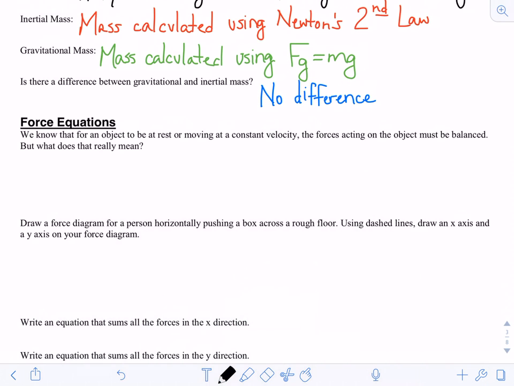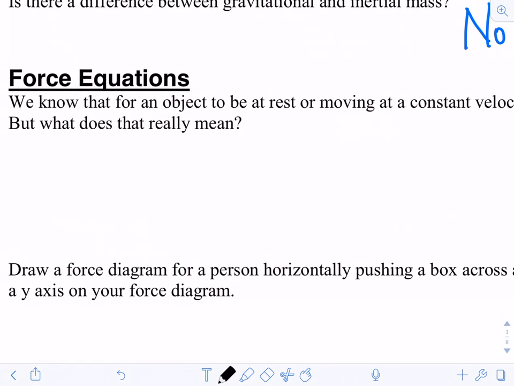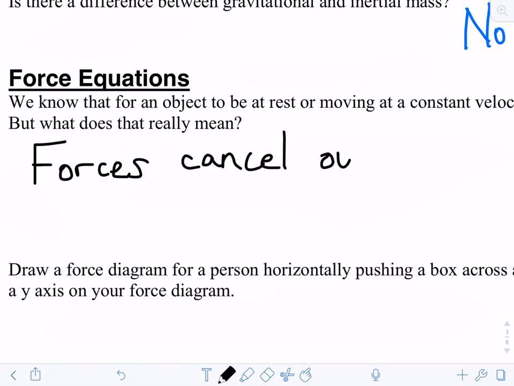When we talk about balanced forces, we're really just trying to describe the fact that when we are at rest or moving at a constant velocity, our forces will cancel out. Okay, any force that is pulling us to the right is offset by a force pulling us to the left, and any force pulling us up is offset by a force pulling us down.